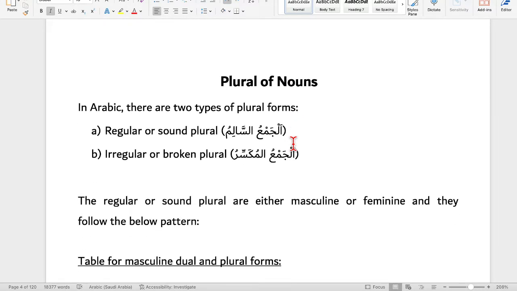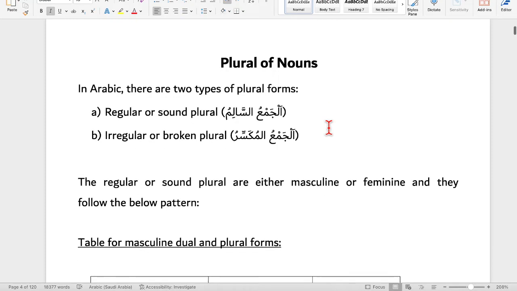So just like in English, there are two ways we make plurals of nouns. Mostly in English we add s or es, just like with dog we add s, dogs; cloth, clothes. But there are some nouns in English that follow no pattern, like mouse, whose plural is mice.